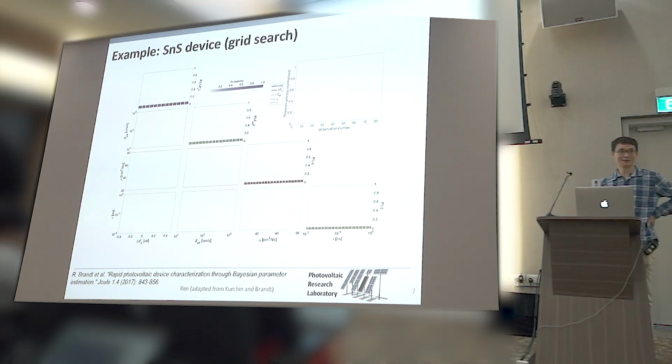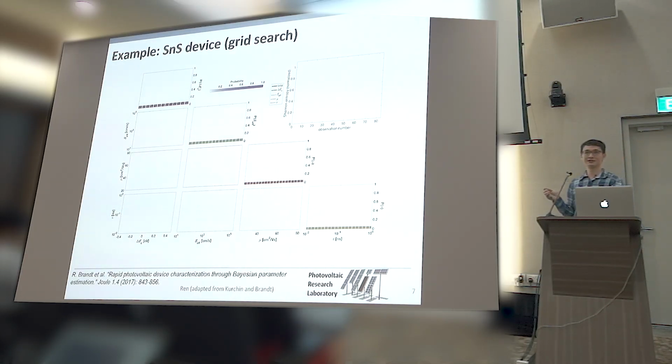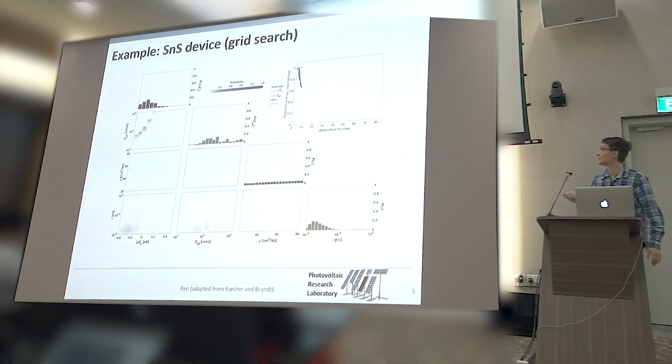And instead of exploring the ideality factor or recombination coefficient, we look at more detailed parameters like delta EC, the band offset at your interface, your surface recombination velocity, and the mobility and lifetime of that tin sulfide device.